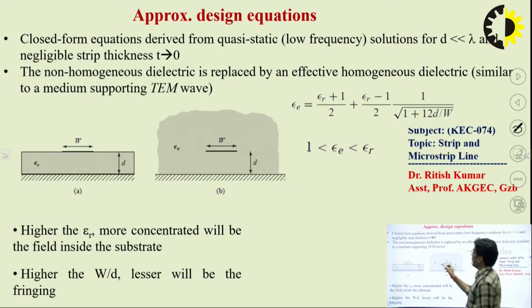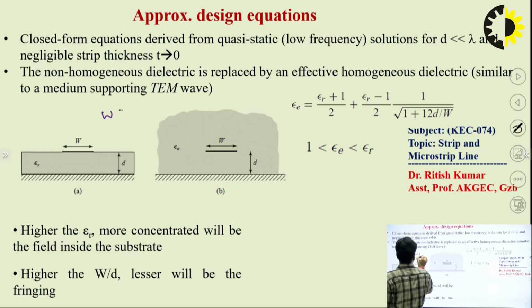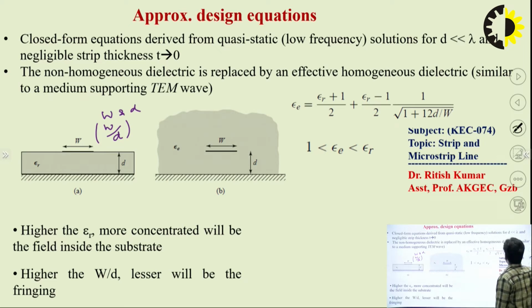The main parameters here are W and D. We can say the W by D ratio as well. So here you can see epsilon effective is proportional to, we can say, 1 by root of 1 plus 12 W by D as well, right?